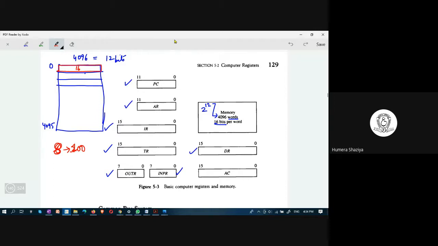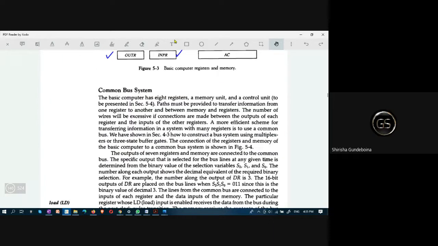Here there are 4096 locations, which is analogous to 8 notebooks. And each notebook has 100 pages, which is analogous to 16 bits. Is this concept clear? Yes, ma'am. Okay, very good.